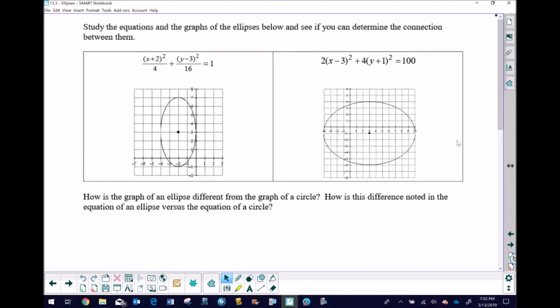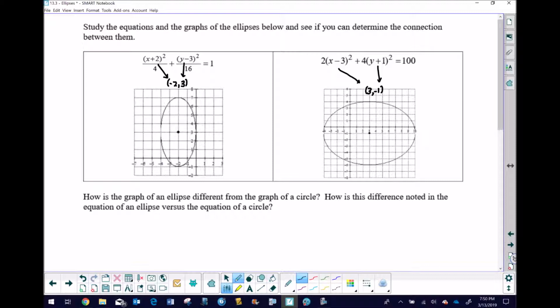When you look at this first ellipse, knowing that the center is (-2, 3), you could extract those values once again like you did in the circle's center-radius form, by just taking a look at the values inside of the parentheses. The same thing applies to the second ellipse, which has a center of (3, -1). We're going to pull those together in the same fashion.